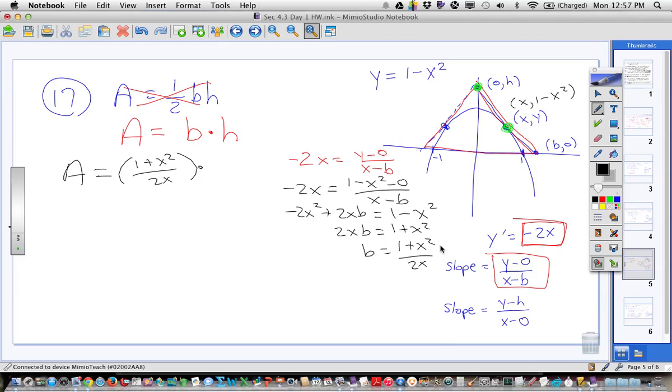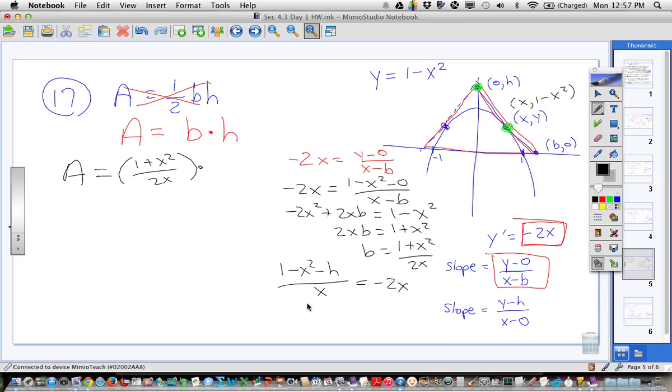Okay? Now I'm going to do the same thing with these two yellow points. I'm going to do y minus h, which would be 1 minus x squared minus h, over x minus 0, which is just x. And that's got to equal negative 2x. Because again, those both are the slope of that line. Slope between the two yellow points and the derivative are both slope of that line.